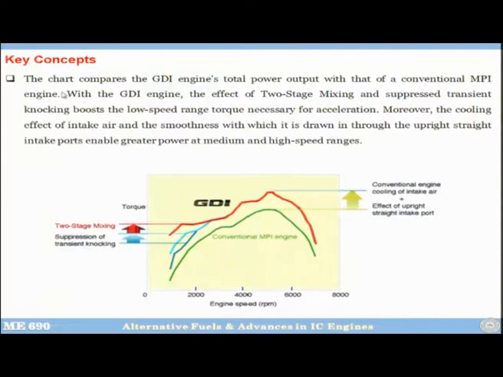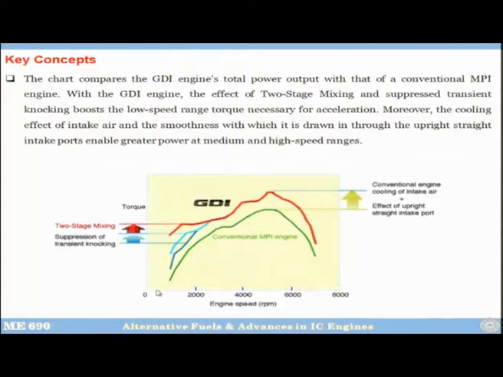Now you see this chart compares the GDI engine's total power output with a conventional MPFI engine. With the GDI engine, the effect of two-stage mixing and suppressed transient knocking boosts the low speed torque necessary for acceleration.